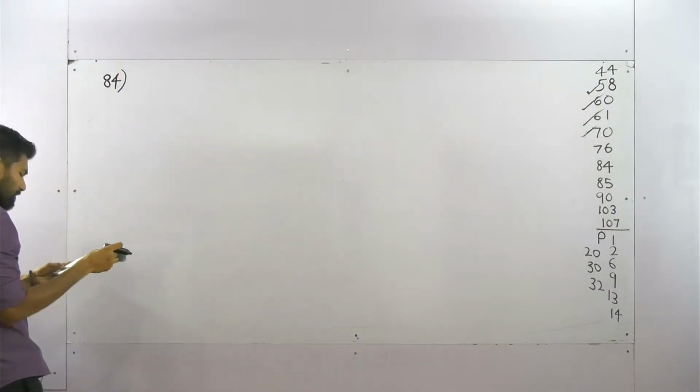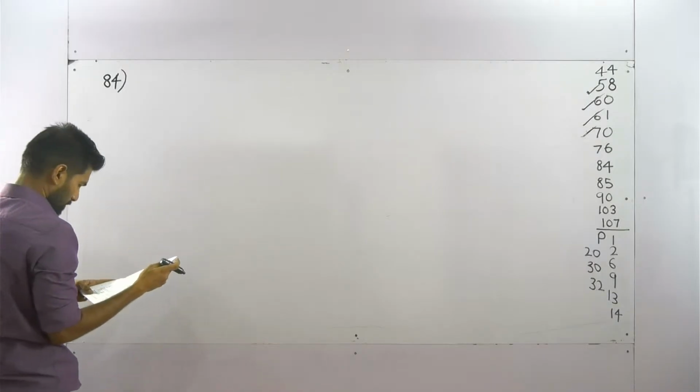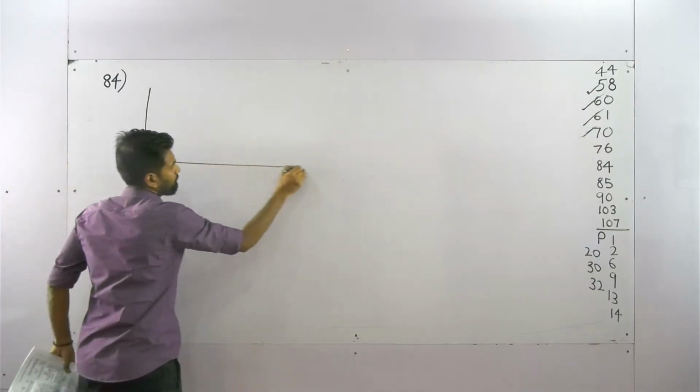The velocity time graph of a body moving in a straight line is shown in the figure. Now it's a velocity time graph.